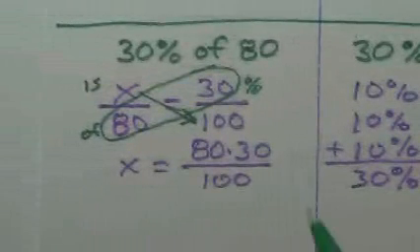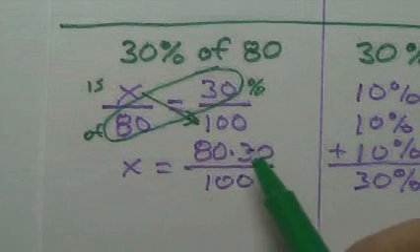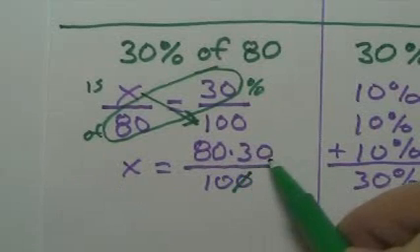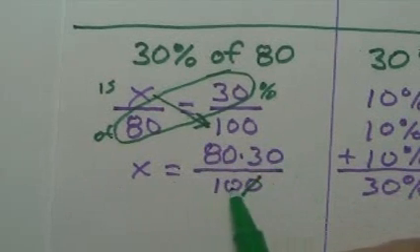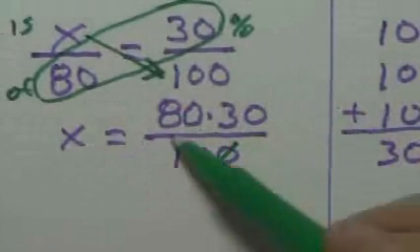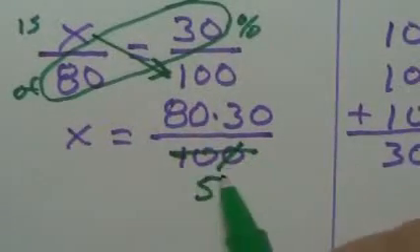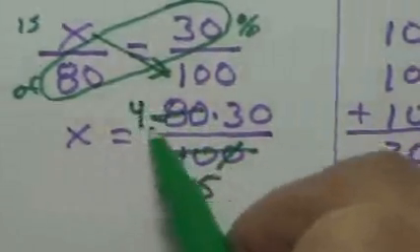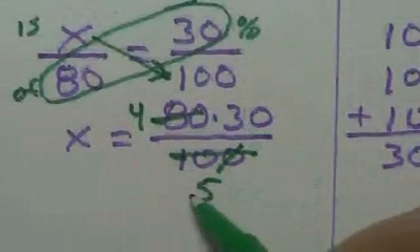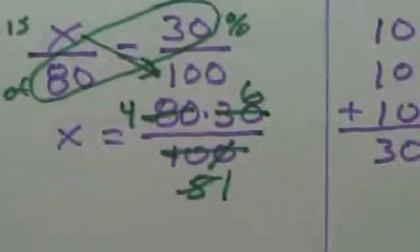Slide over to the other one, proportion. Okay, this time we'll have to do some reducing. Some people like to use 10 and 10 and cross off the zeros. I like to use 20. 20 goes in here 5 times, and 20 goes in here 4 times. And then 5 will go into 30 6 times, and into 5 once.